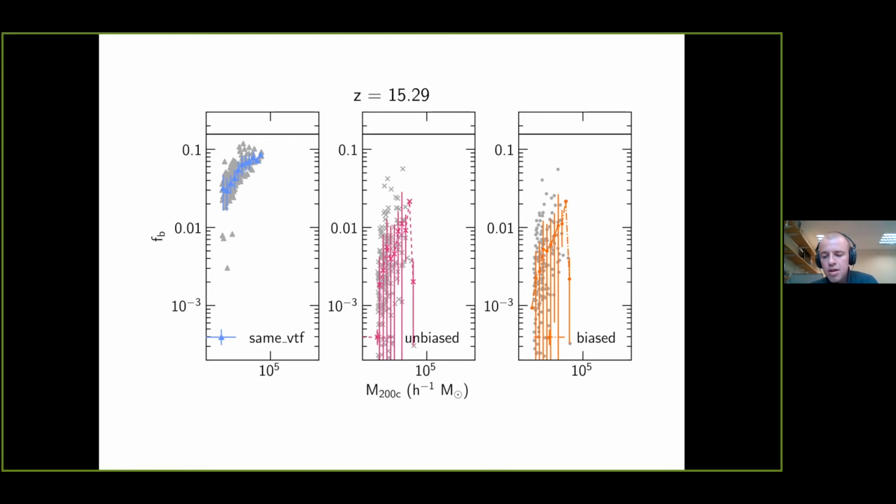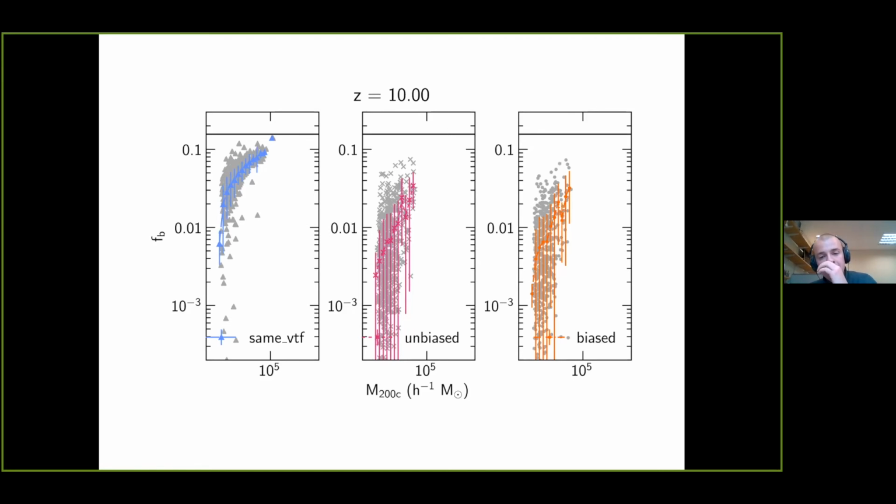And this is at redshift 10. So the unbiased and biased cases are starting to look a bit more normal, but still a little way behind the control case. And you kind of expect this effect to be gone by redshift 10 or redshift 9, maybe. This is quite a high value of the VBC that I put in here, hence why they're still showing some signs of the suppression.